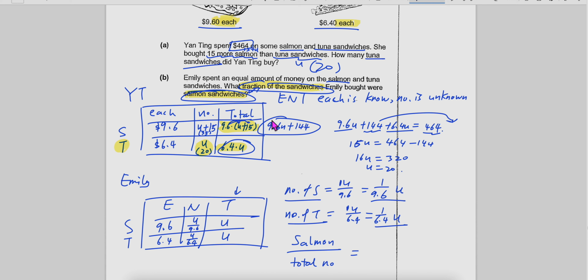They are not talking about the cost or the amount here. They're talking about the number, right? So this one is salmon, and the total number is these two added up. So if you solve this, it's 2 over 5. That's the fraction.